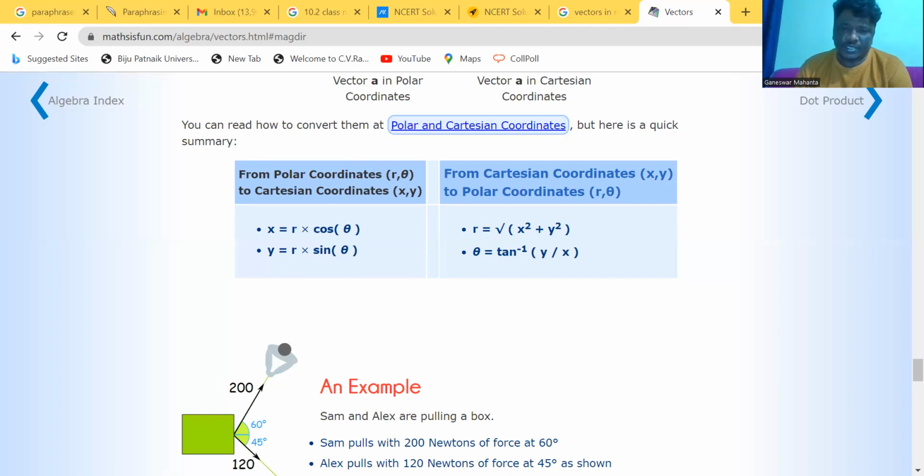That is the relation for evaluating theta and r. These two things are in the polar form. The r theta coordinate is called the polar coordinate, and the xy coordinate is called the Cartesian coordinate. Here x is represented like this, and r is the square root of x square plus y square, and theta is tan inverse of y by x.